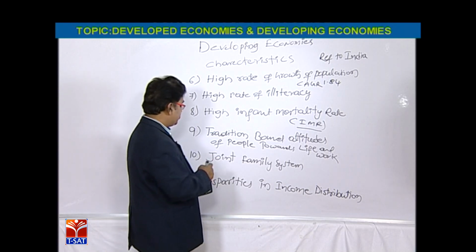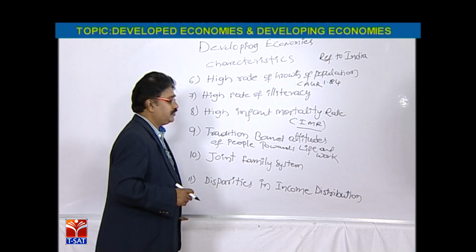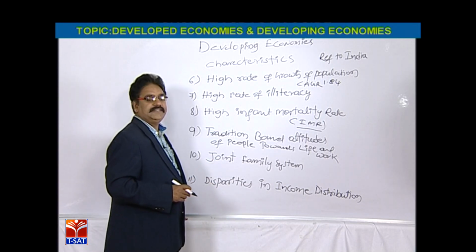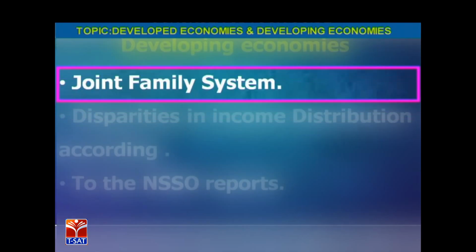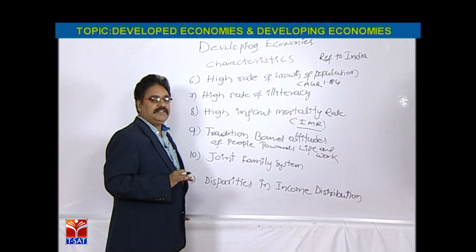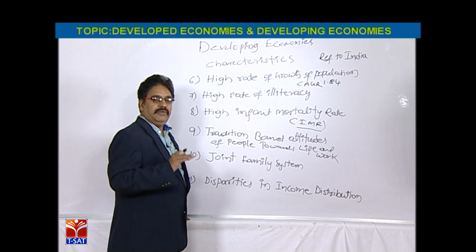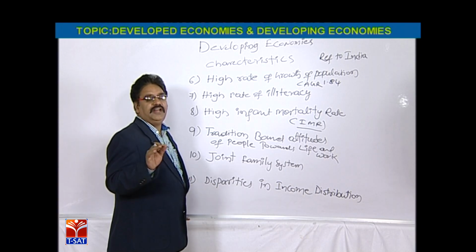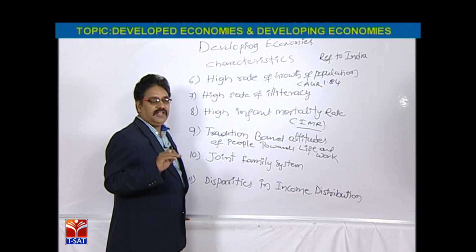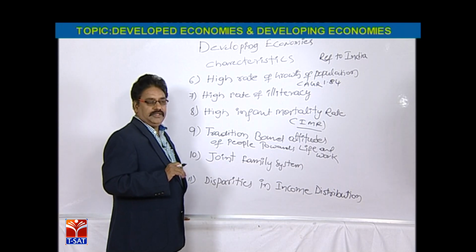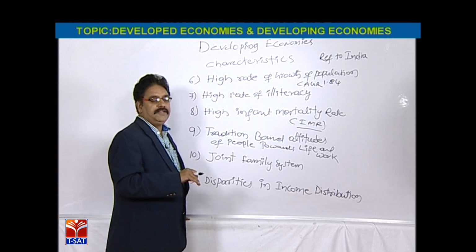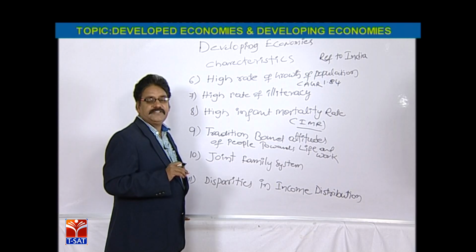Next, the tenth characteristic we observe in developing countries is the joint family system. In most developing countries, the family style is not the nuclear family but the joint family system. The joint family system is the main obstruction to the mobility of the labor force. They won't move from one place to another where opportunities are available.